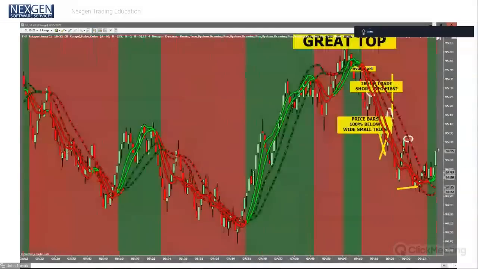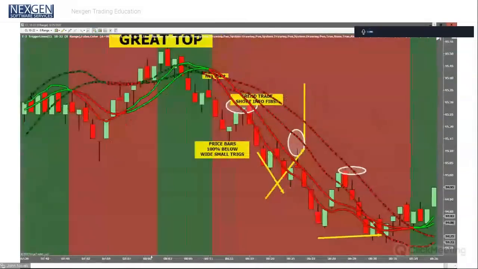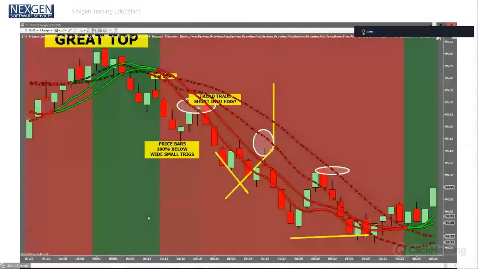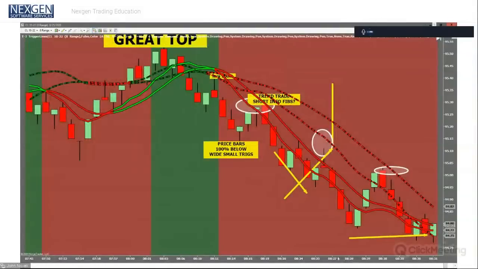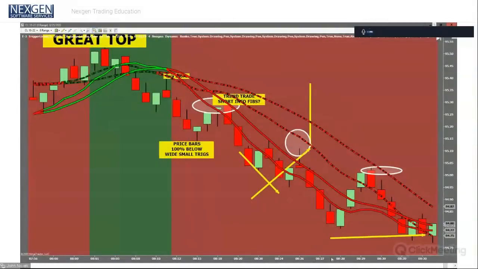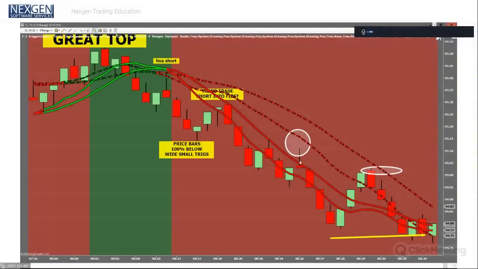So what's odds favor? We'll go back to where we were talking about the great top and urchin trade shorts. Odds favorable triggers. What are they? What does odds favorable triggers mean? We had trend trades that we had already marked up, but if you have a great top, where are the price bars relative to the triggers?